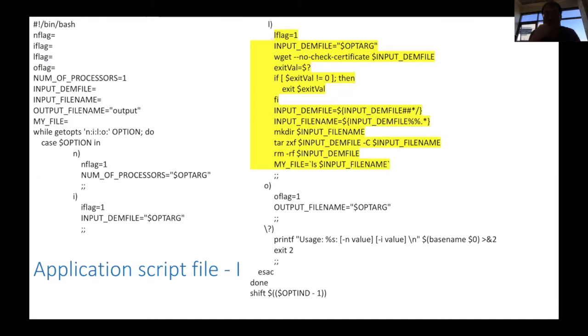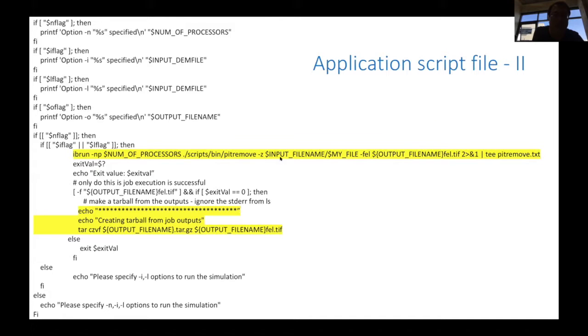This yellow part is what we use for input staging. The second part is usually, after that, ibrun -np with the number of processes, and then we run the script bin with pit remove, and the input and output. After that, we also tar up the TauDM pit remove output.